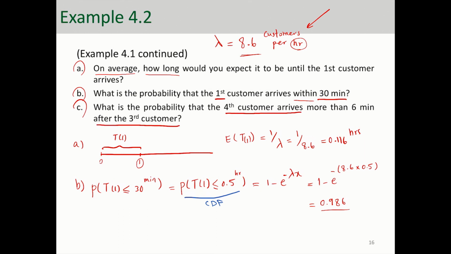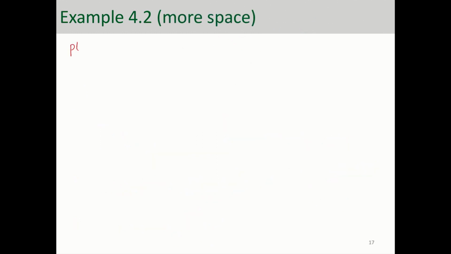If you want to, again, visualize that, you have these customers coming in, and then here the third one, let's say here is the fourth one, and we're talking about this time here, which is T4. More than 6 minutes. What's the probability that T4 is more than 6 minutes? Probability T4 more than 6 minutes.